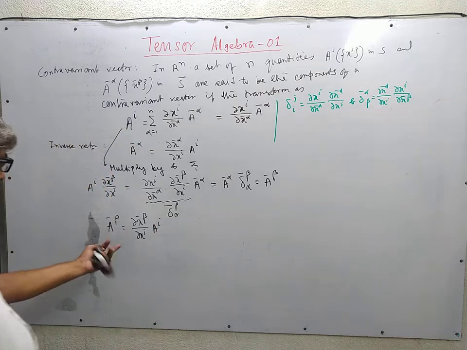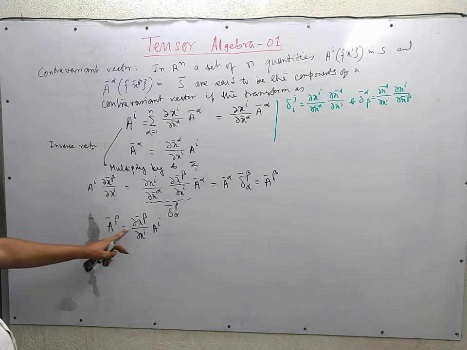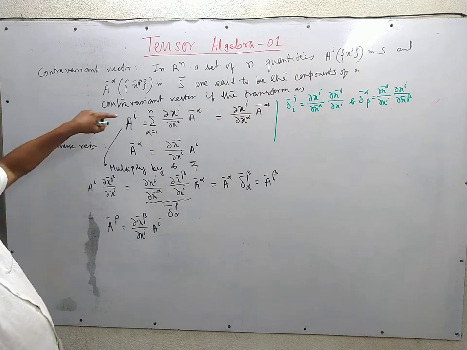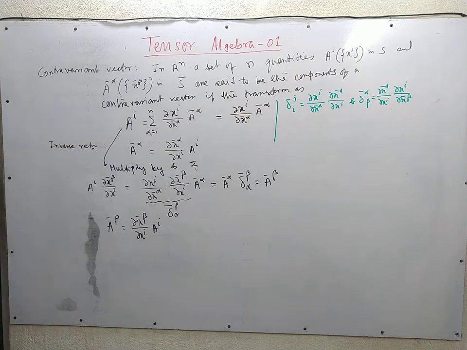If we replace the free index beta by alpha, we get this relation. So this inverse relation is not an independent relation. It can be derived from this also.